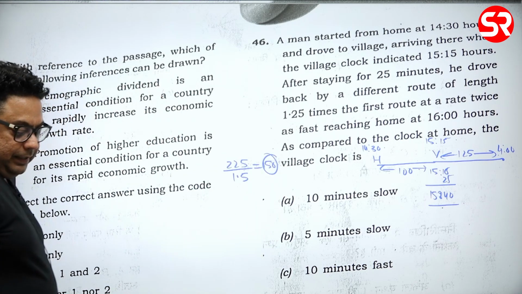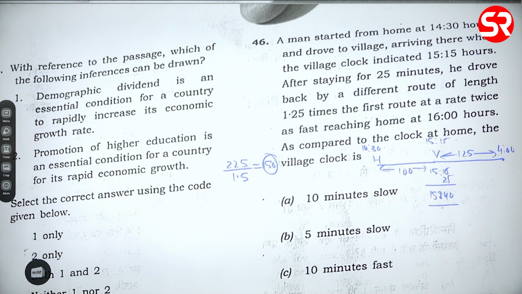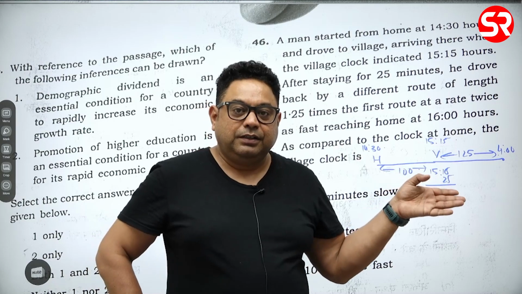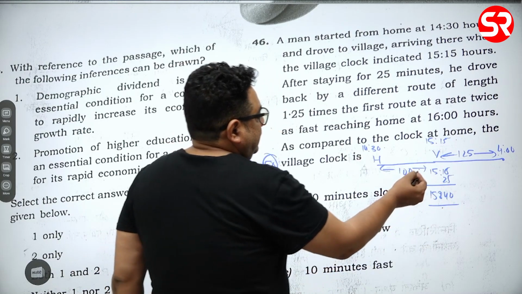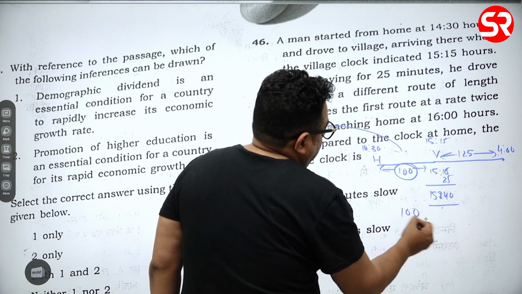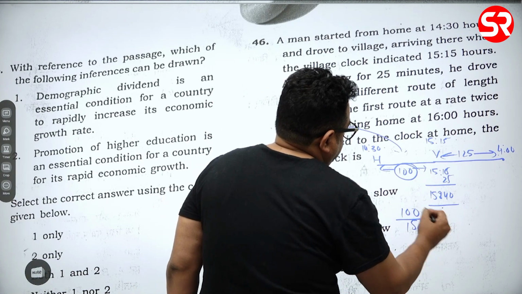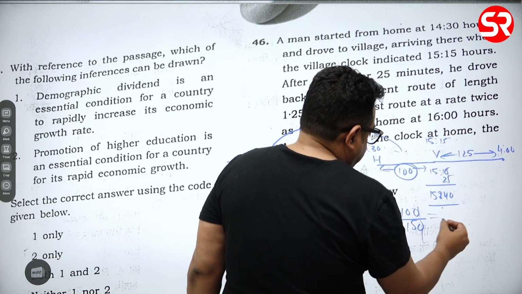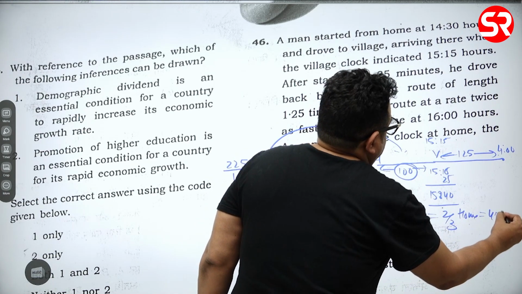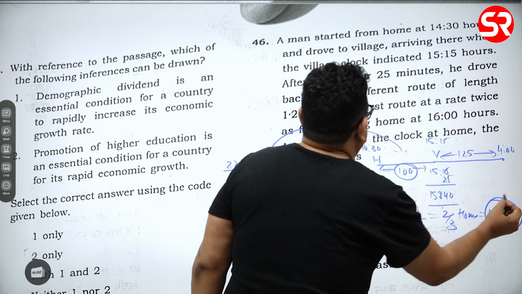Then, if he goes at the same speed, he is covering this 100 distance at 150, so time taken would be 100 upon 150, which comes out to be 2 by 3 hours, which is 40 minutes.